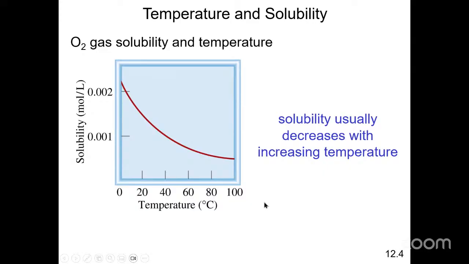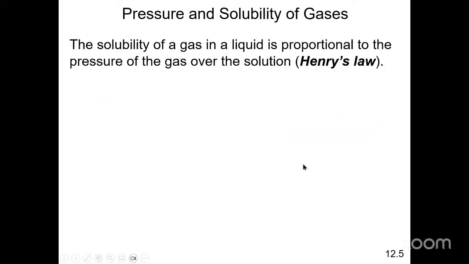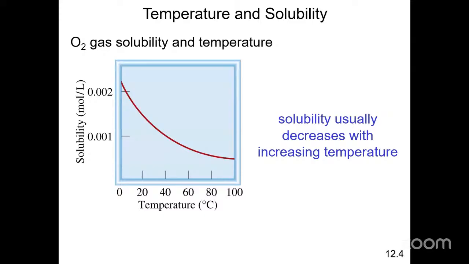So this is something we have to be concerned with when it comes to aquatic life, fishes, and so on. Okay, so that's all we're going to say about the solubility of gases in water.